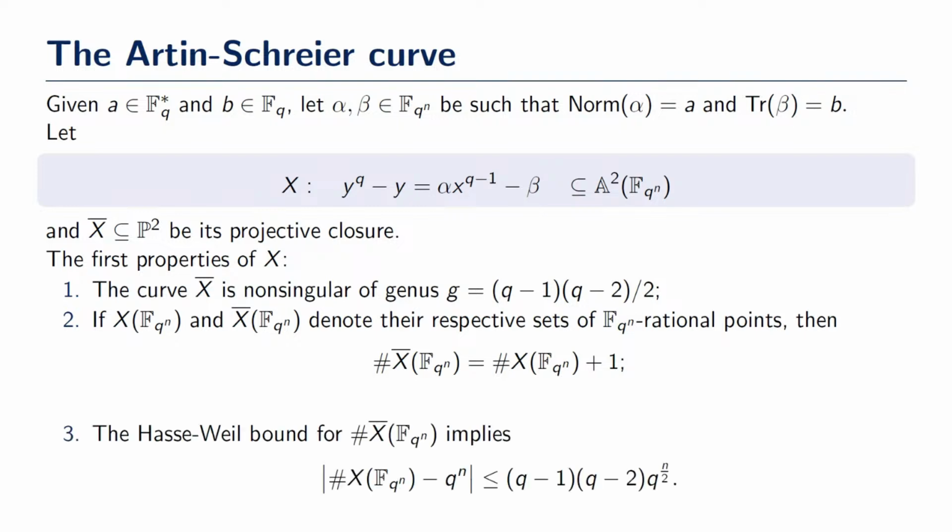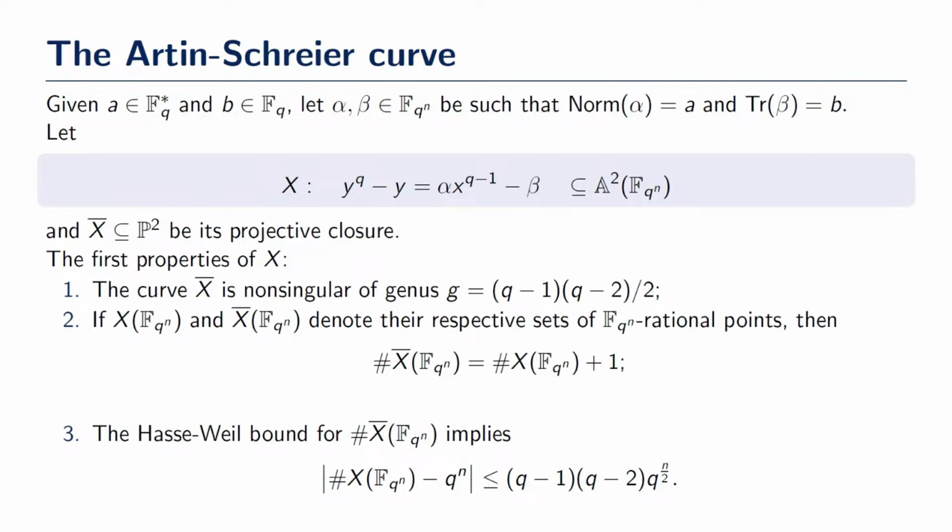And the famous Hasse-Weil bound for X bar is given by this inequality. Just put in the formula of the Hasse-Weil bound the genus here, and we get the Hasse-Weil bound for X bar.